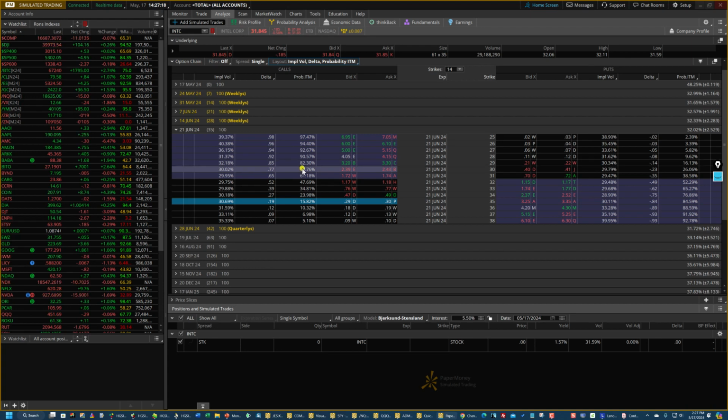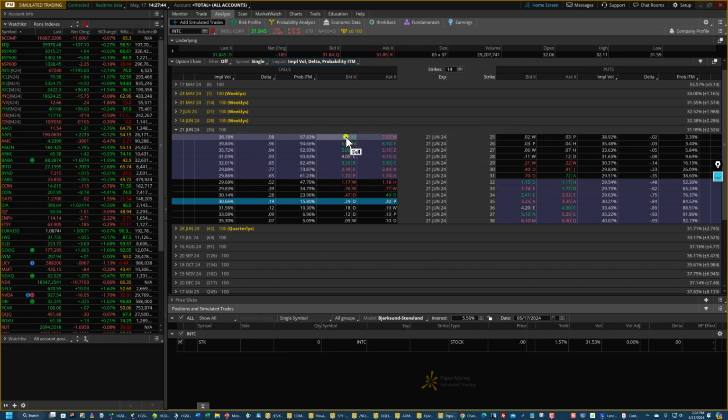And the probability of this option being in the money at expiration, it can be 1 cent in the money, but the probability based on volatility is 73.76%. Notice as you get deeper, as I'm going lower, there's a 98% chance of this option being in the money.